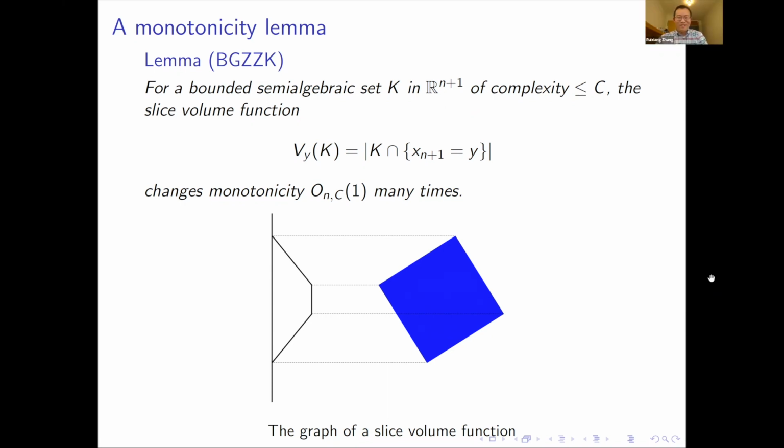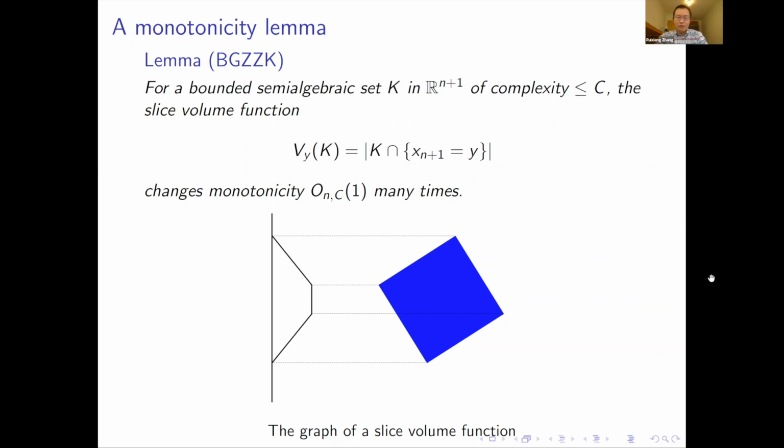Okay, but this is the theorem I want everyone to understand. It's an elementary looking theorem. I have a semi-algebraic set, for example, the solid square that's slightly tilted, and I look at the volume of each slice, and I draw the graph on the left. I draw it vertically, so you can see that it increases and then stays and decreases.